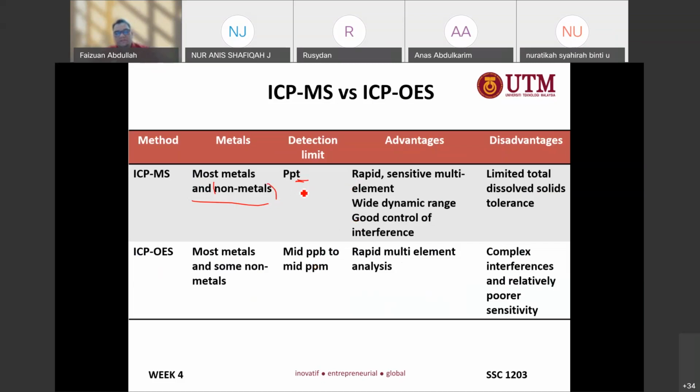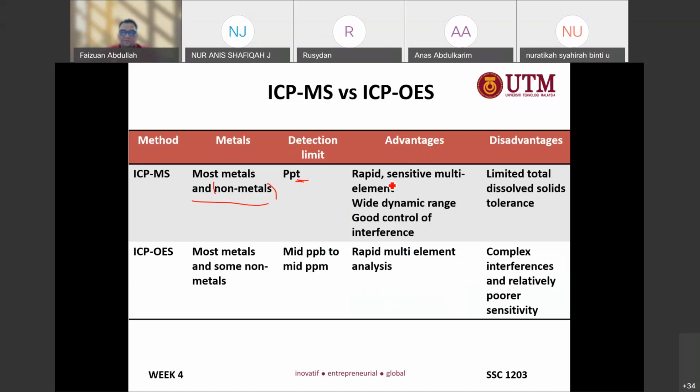If the detection limit of the instrument is very low, is it good or not? Good, because very small concentrations can be detected by this instrument.